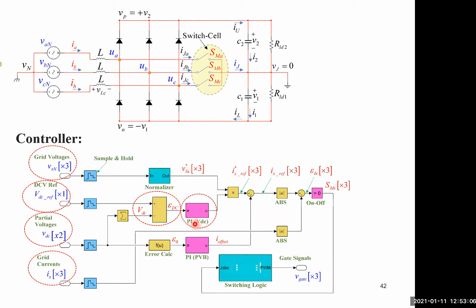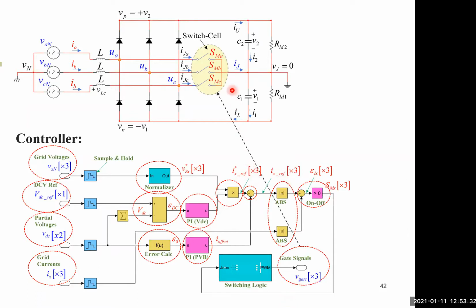It is fed to a PI controller, then multiplied by the shape of the phase voltages. Simultaneously, we take the error of the balancing and feed it to a second PI controller, then add the result to this signal, and this results in the reference of the grid currents. We take the absolute value of the reference current and the actual measured currents, and feed them to the modulator, and we create the PWM signal for the active switches.